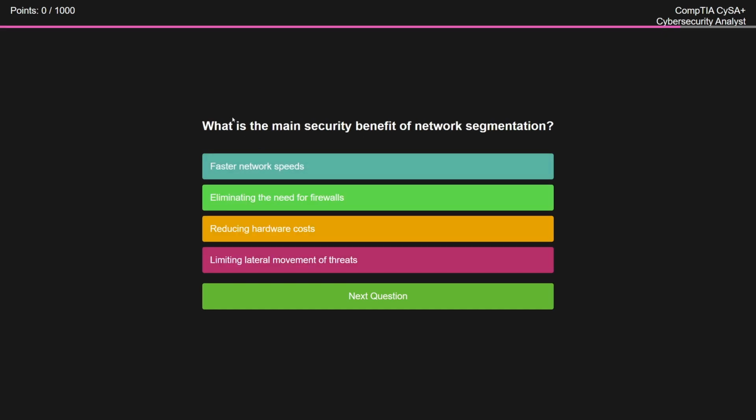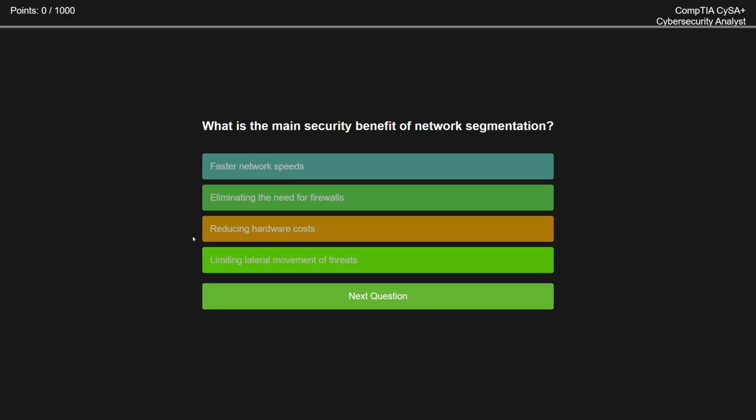Okay, what is the main security benefit of network segmentation? This one should be really easy if you've ever studied for or taken the Security+. The main benefit of segmentation is limiting lateral movement of threats, because if they're not connected together on a network, how are they going to be able to talk to each other?